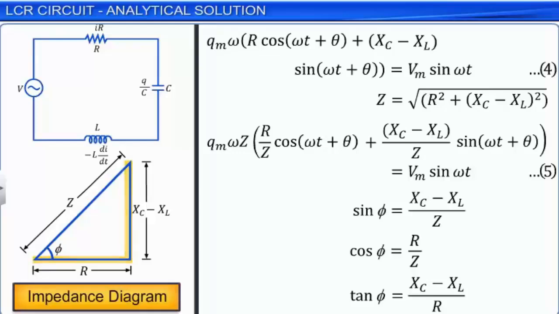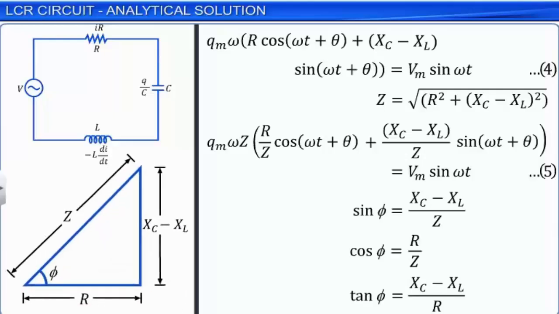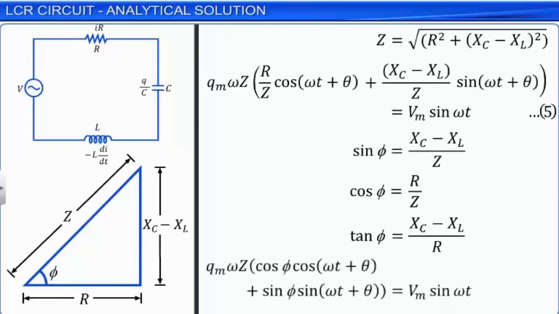Substituting the values of cos phi and sin phi in equation 5, we get Qm omega Z [cos phi cos(omega t plus theta) plus sin phi sin(omega t plus theta)] is equal to Vm sin omega t. This can now be written as Qm omega Z cos(omega t plus theta minus phi) equal to Vm sin omega t. Let this be equation 6.